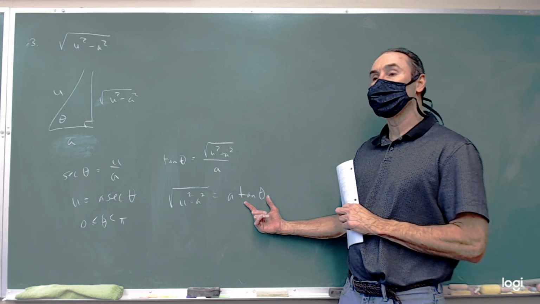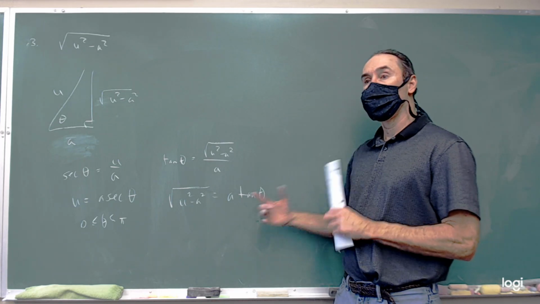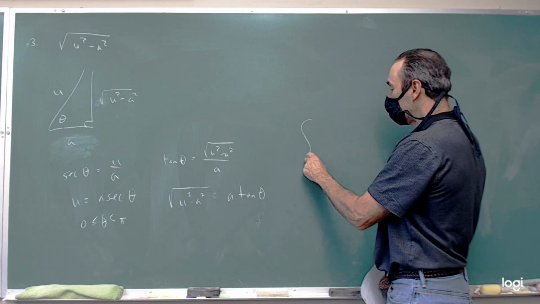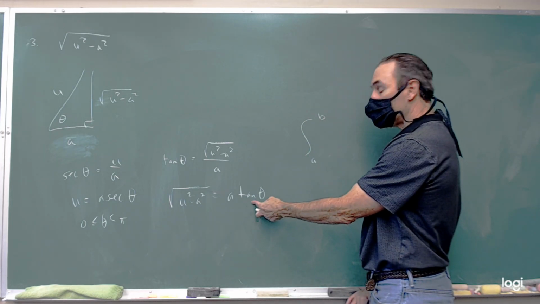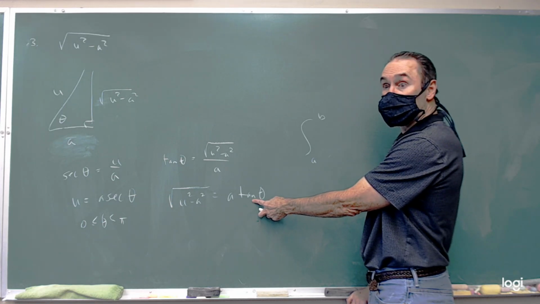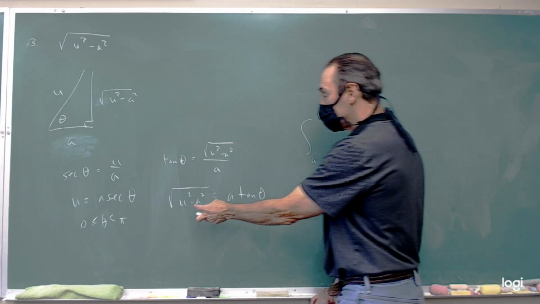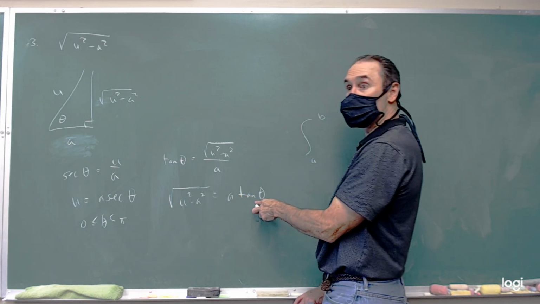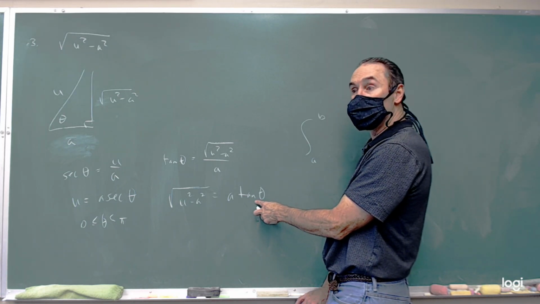So we'll see an example at the end of tomorrow, if I'm lucky, where the limits on this integral come from some place that makes tangent negative, like in quadrant 2. Then we can't say the radical is equal to the tangent over that interval, because that would be saying the radical is equal to a negative.